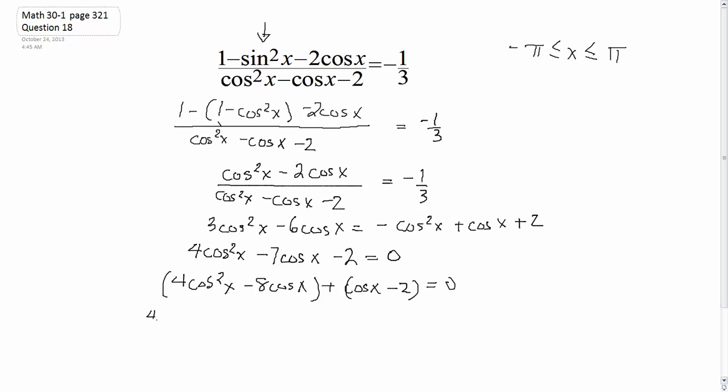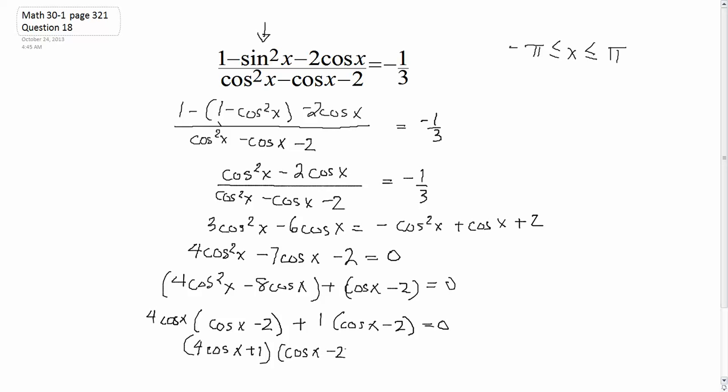We'll factor out 4 cos x, and that leaves us with cos x minus 2. And here the only common factor we have is 1, so we'll factor out 1, and we have cos x minus 2. So we can write this now as our two factors, 4 cos x plus 1 multiplied by cos x minus 2, and all of that equals 0.